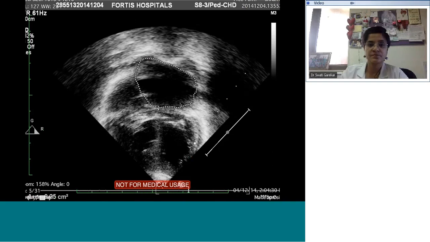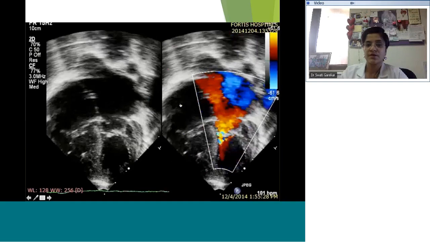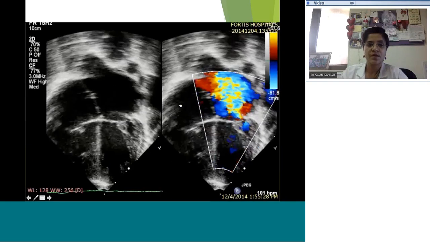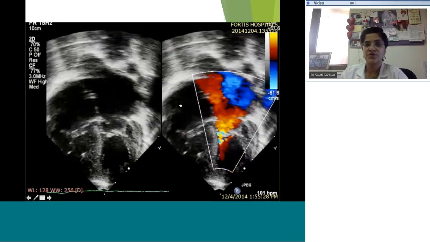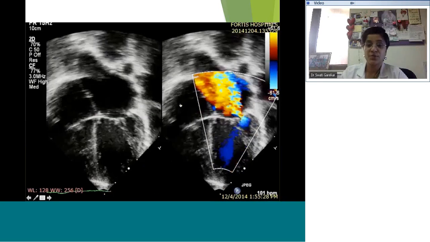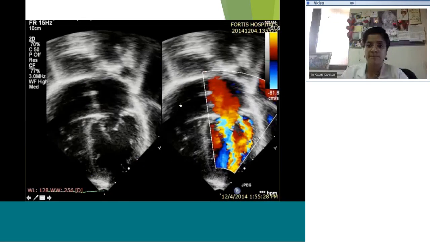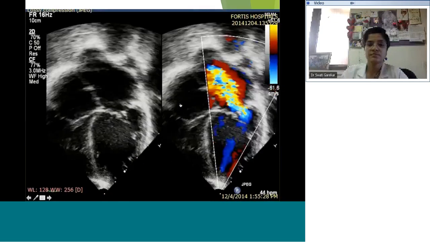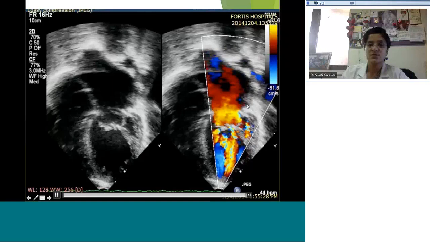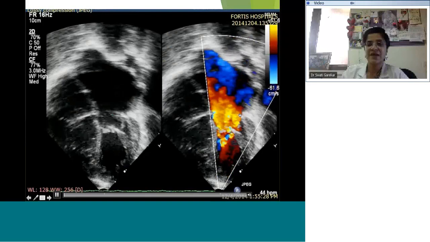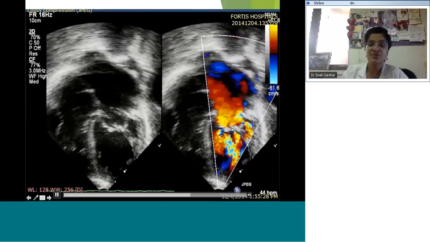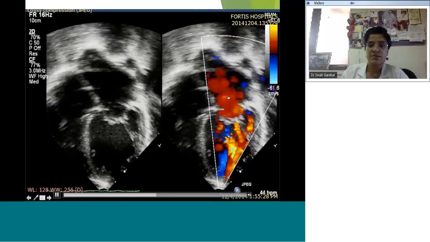Here we're looking at the LA area. Here is a color flow. And you see regurgitation. You seem to see multiple jets of regurgitation. There is one jet particularly, a little laterally situated, not central.